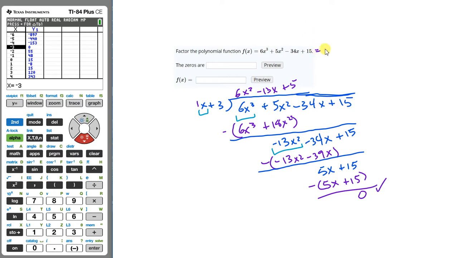So that means this polynomial is x plus 3 times 6x squared minus 13x plus 5, I'm sorry. Now, how do I factor that further? Hopefully it factors by hand.